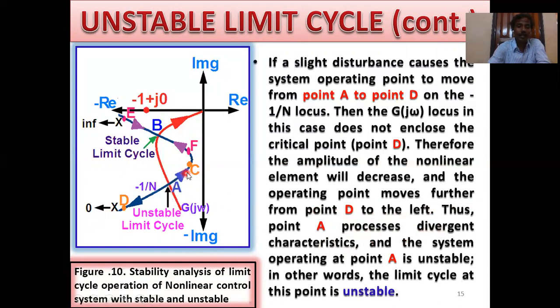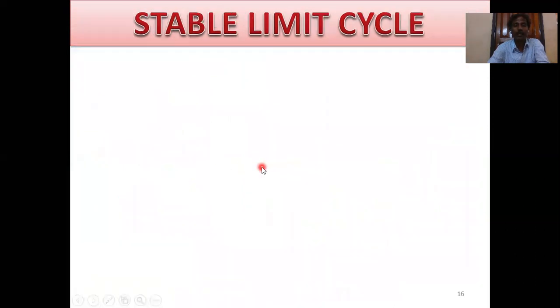The operating point moves away from A, either towards B or outward. That means this is a divergence characteristic, and this limit cycle is an unstable limit cycle. So at point A, the limit cycle is unstable.